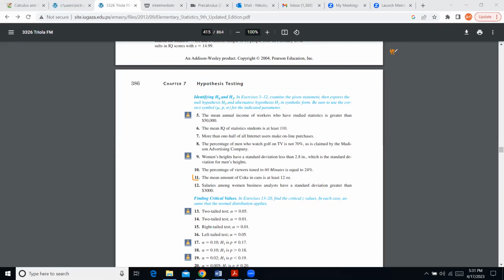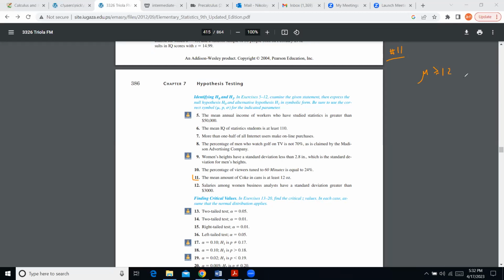So let us start. Exercise 11 wants us to set the hypothesis that says the mean amount of coke in cans is at least 12. So the mean is not less, it could be greater than or equal to 12. Well, that's what the can says, right?